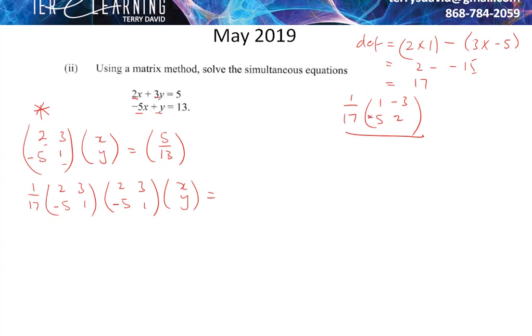One second, this shouldn't be a minus, it should be a plus here. That's a mistake. And then on this side it'll be 1 over 17, 2, 3.